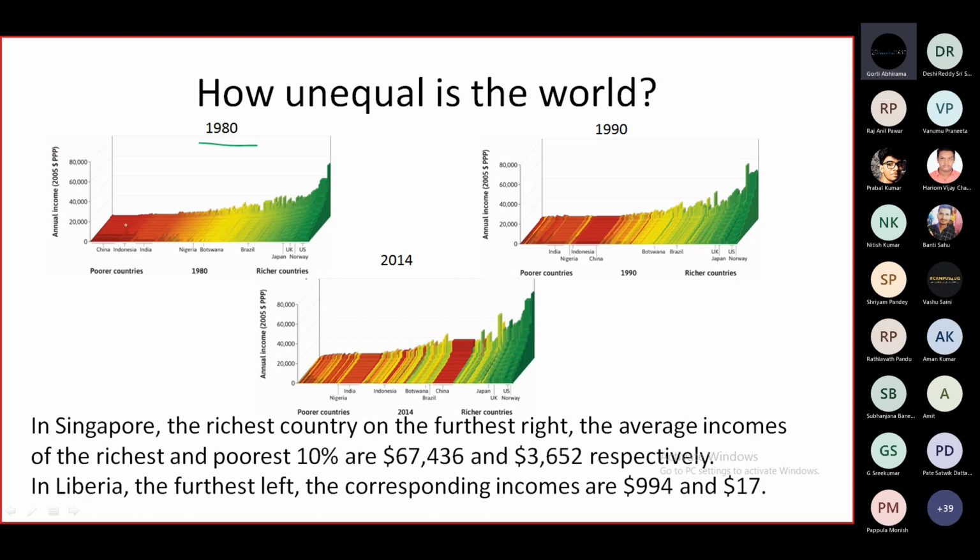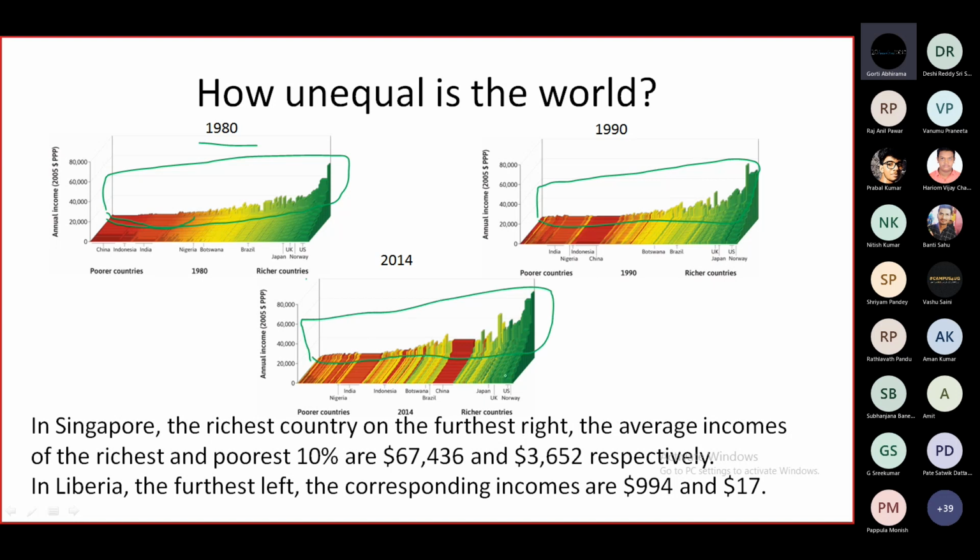If you see here, in the first graph, the bars at the back, even for the poorer countries, are very small, and this has increased here. You can see them becoming taller and taller, and you can see the bumpiness at the background.